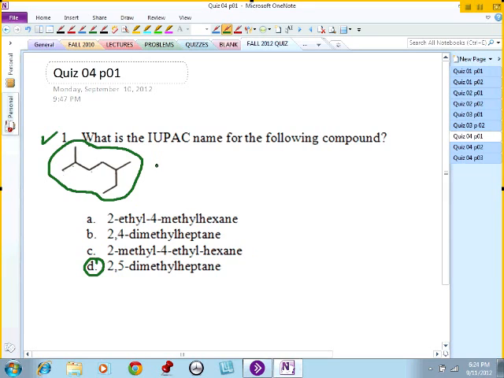Now, why do you say D is correct? The base name has 7 carbon atoms, which is heptane, right? So that means this is out, and that also means this is out.